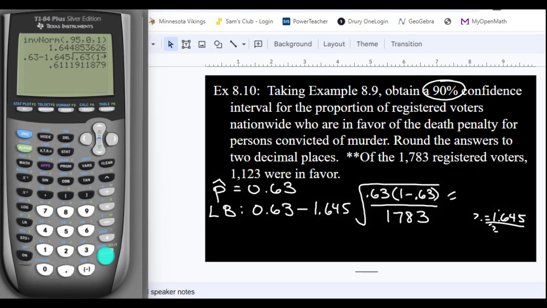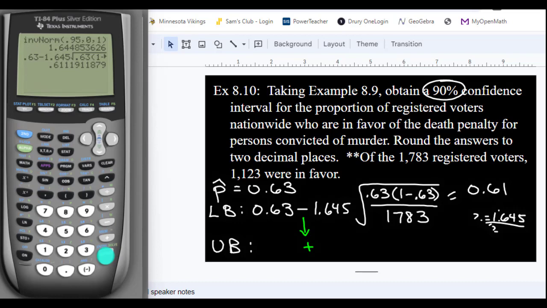So our lower boundary here is 0.61, if we round off to 2 decimal places like we were asked to. Now the upper boundary, the really nice thing about the upper boundary is it is identical to this, except for this symbol right here, instead of being a minus sign, is a plus sign.